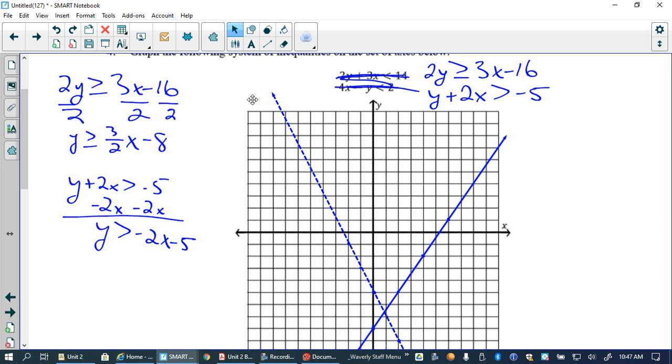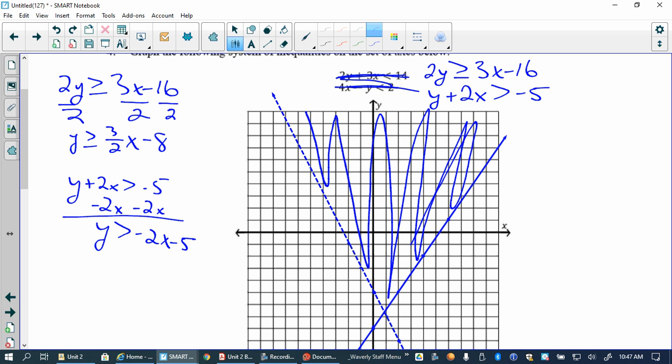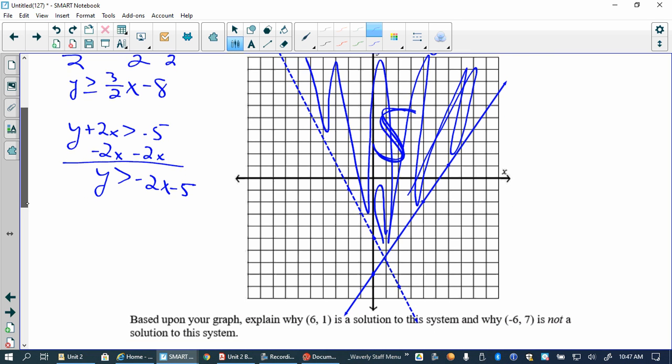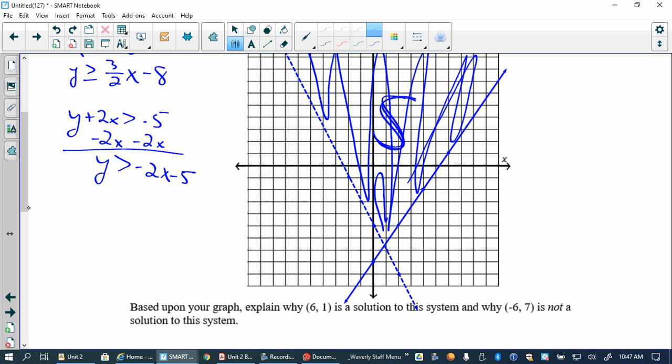Okay, and what's the follow-up question to this? And don't forget to label your graph. Why is 6, 1 a solution, is it? 1, 2, 3, 4, 5, 6, 1. Negative 6, 7. Why is 6, 1 a solution and negative 6, 7 is not?